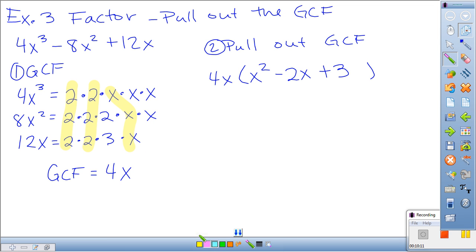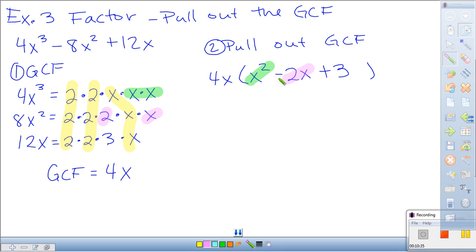Let's look at this term right here. We have 4x times x squared. If you notice what's left over here, 4x times x squared is 4x cubed. X times x is x squared. Interesting. Okay, if we look here, 4x times negative 2x, well, look what was left over here. 4x times negative 2x, negative 8x squared, 2 times x, 2x.